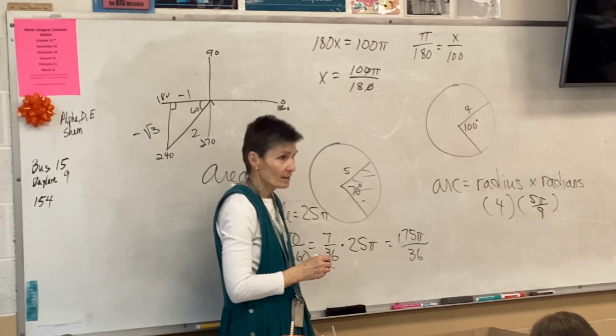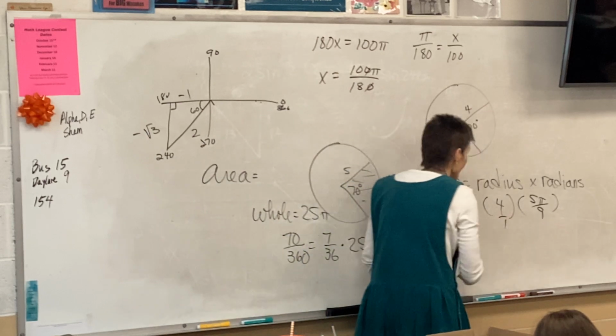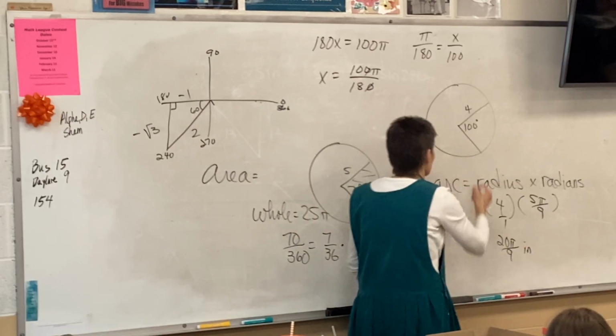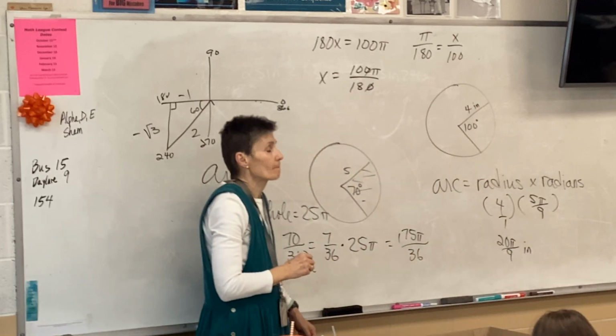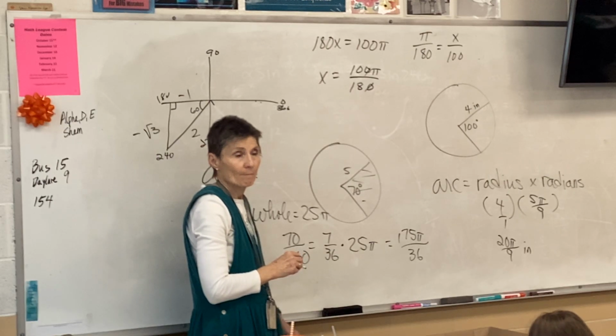Are you guys with me here? Okay, so multiplying those two together, my answer is 20 pi over 9 inches, because this was inches.